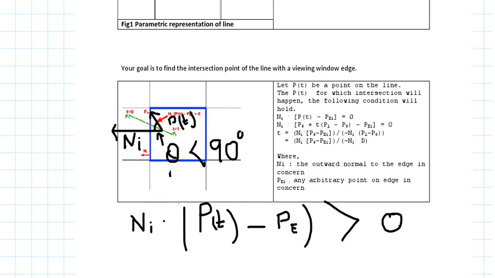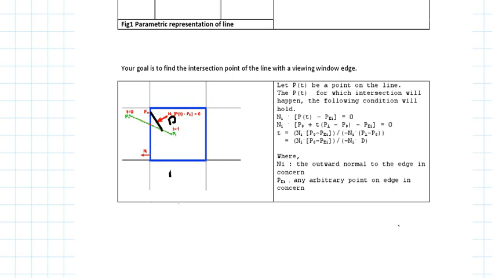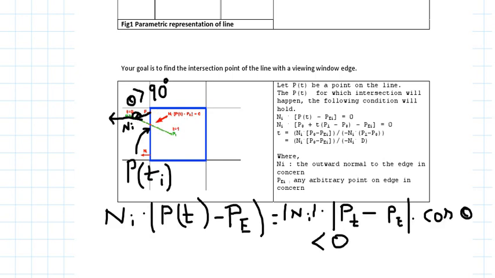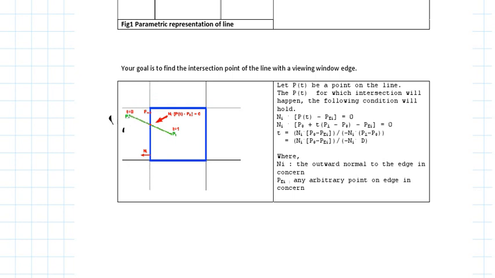Next, what you have to do is the same procedure for the point PT which is your intersection point. In our example, this is the intersection point. That means now try to calculate the same dot product for the intersection point.